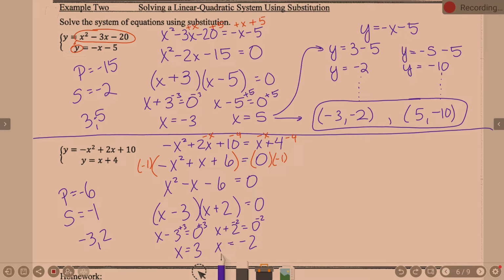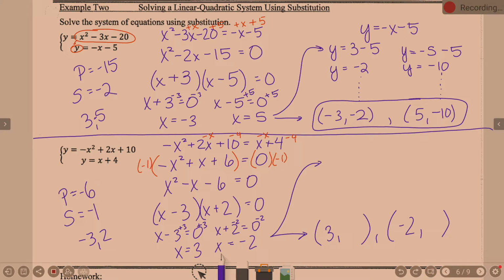On the x plus 2, I had to subtract 2. What do you know about those x values? You have to plug them back into one of the equations. Okay, we're going to plug them back in. And right now, what I know about my answers are 3 comma something and -2 comma something.